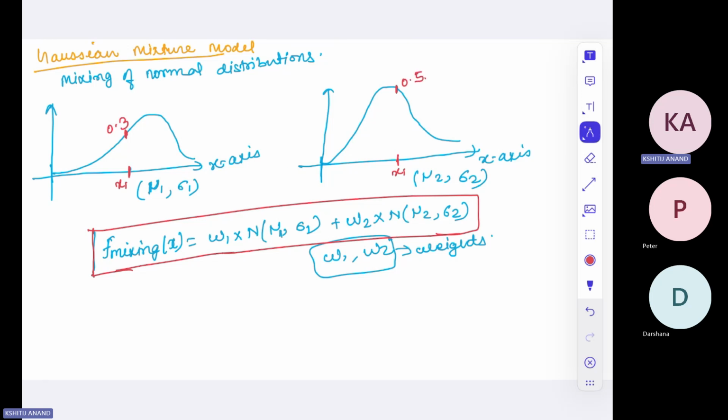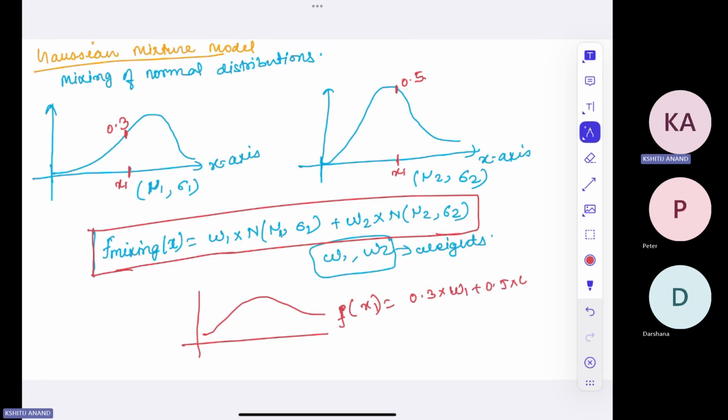So what the mixing does is that in the new distribution, let us say the new distribution is like this, the probability density of x1, f of x1, will be 0.3 into W1 plus 0.5 into W2.